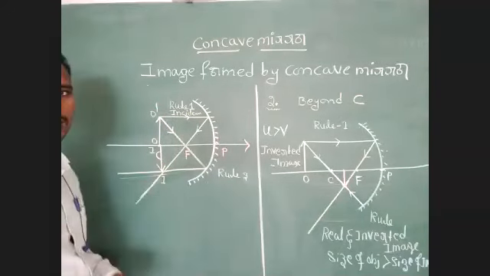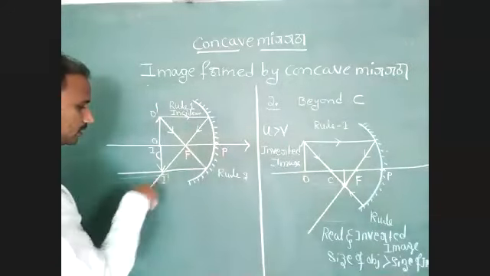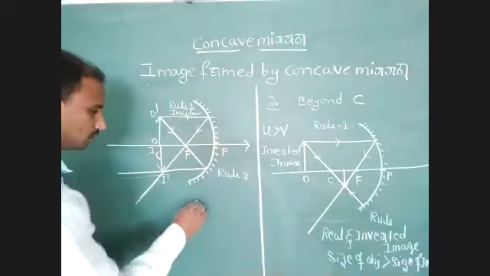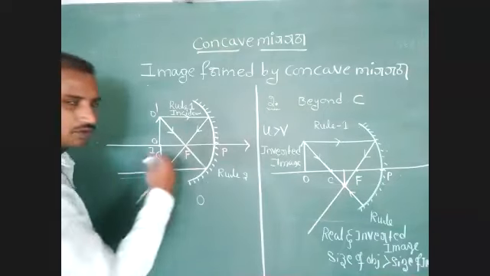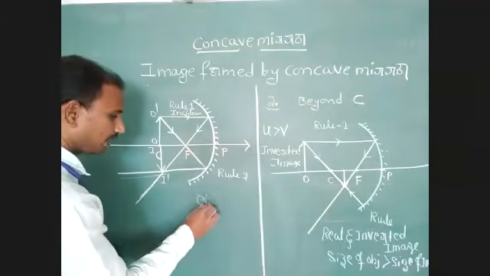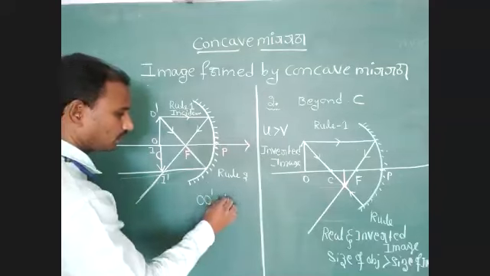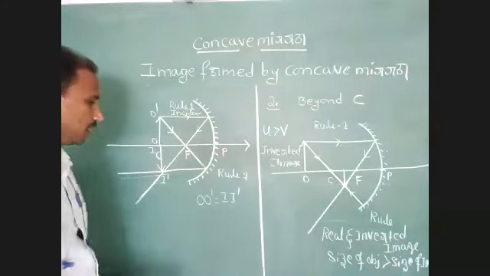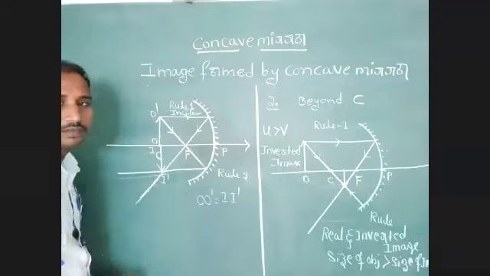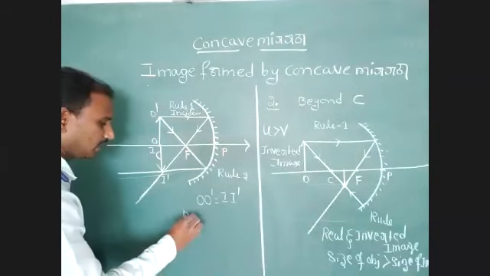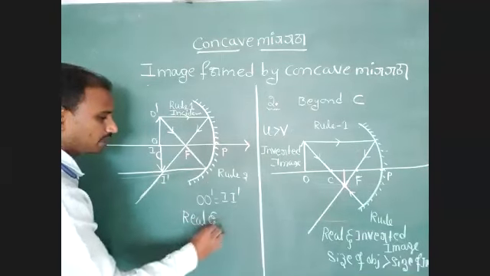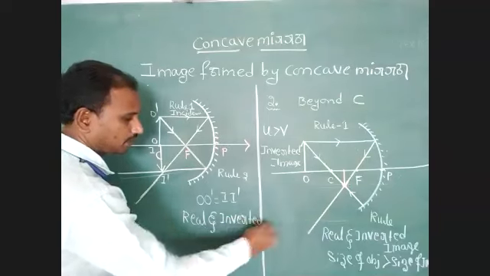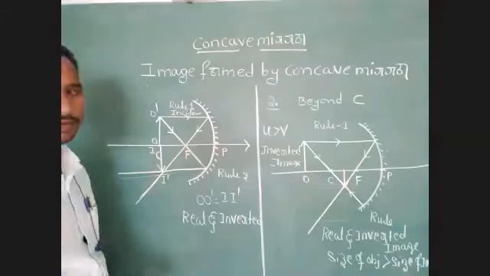O dash is the height of the object, I dash is the height of the image. Height of object O dash equals I dash. This image is real and inverted.